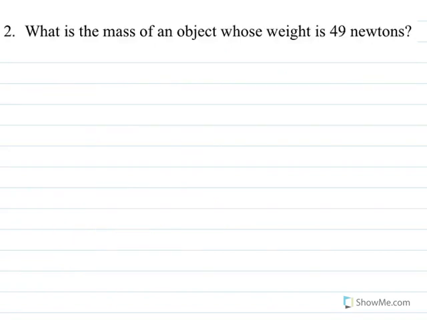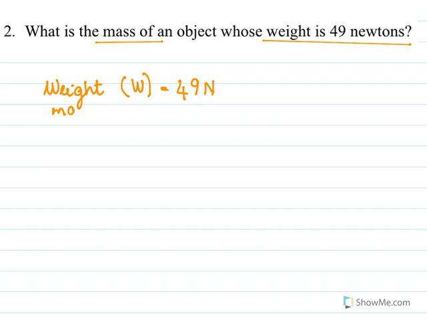What is the mass of an object whose weight is 49 newtons? So in this sum, the weight is given to us, which we denote as W. It is 49 newtons, and the mass M we need to find. G is acceleration due to gravity, which is 9.8 meters per second square.